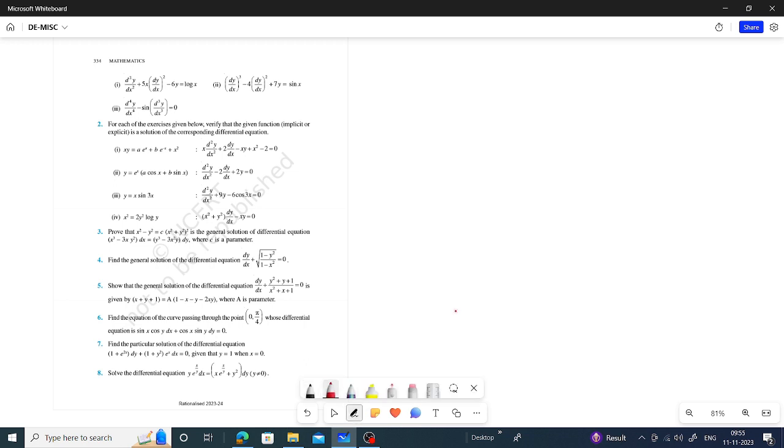We write (1 plus e raised to 2x) dy equal to minus (1 plus y square) e raised to x dx.